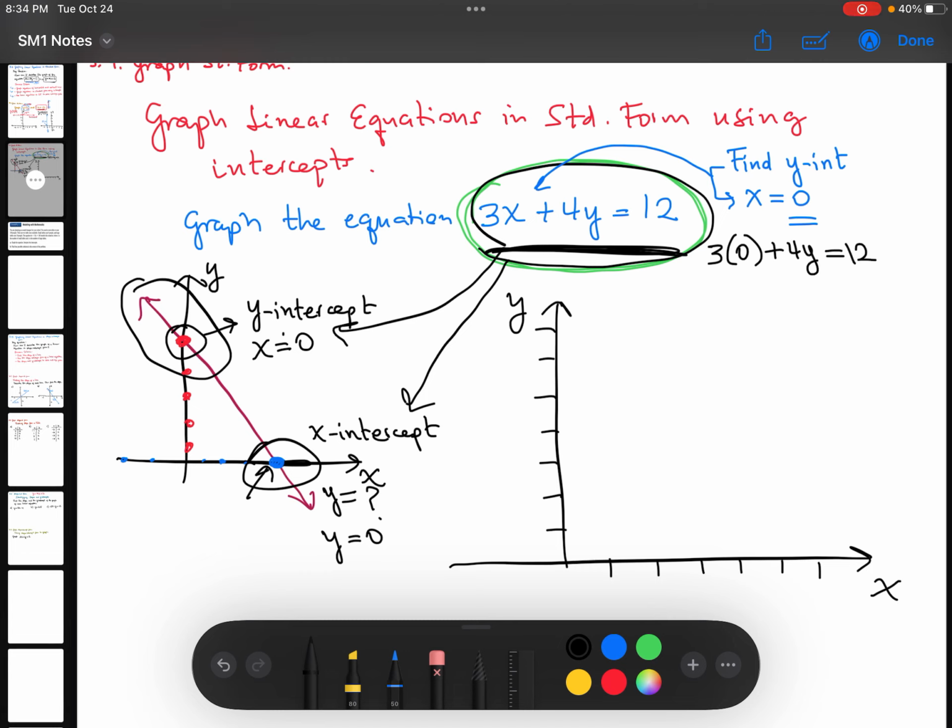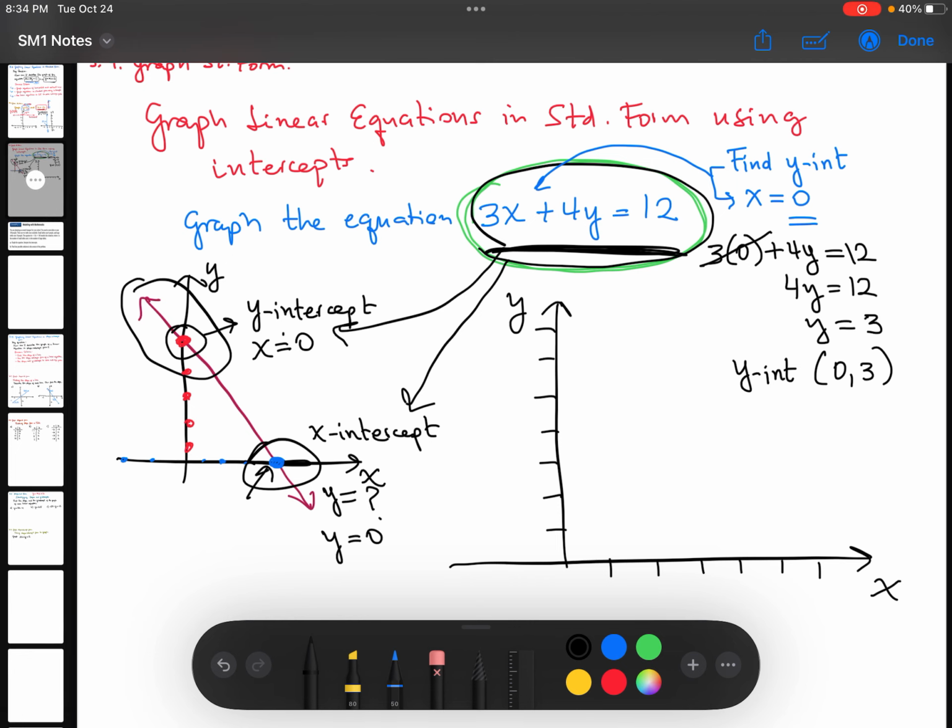And I solve for y. 3 times 0, this is gone. So we get 4y equals 12. We divide by 4 on both sides, and we will get y equals 3. So the coordinates of the y-intercept for this line are (0, 3).